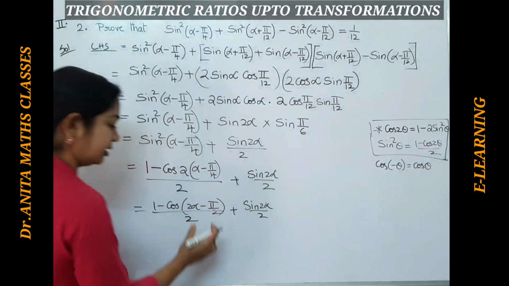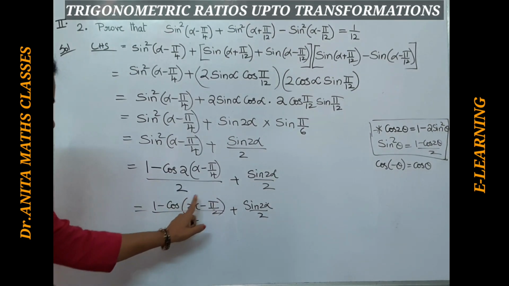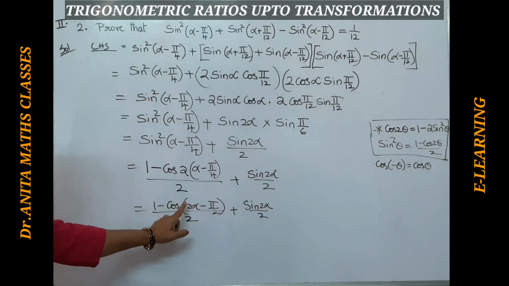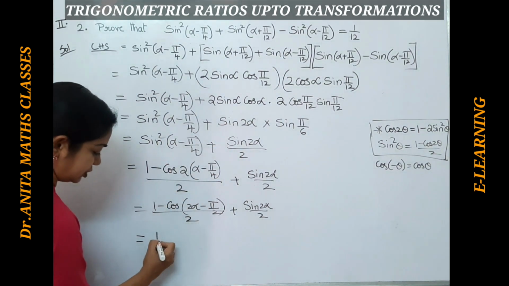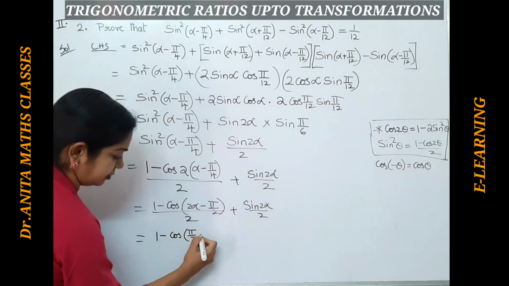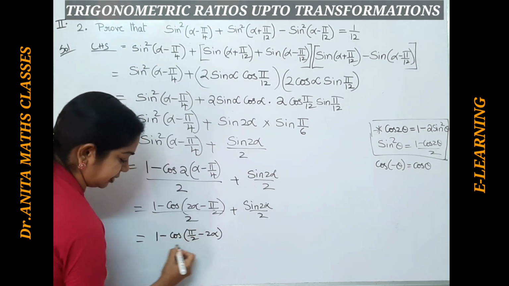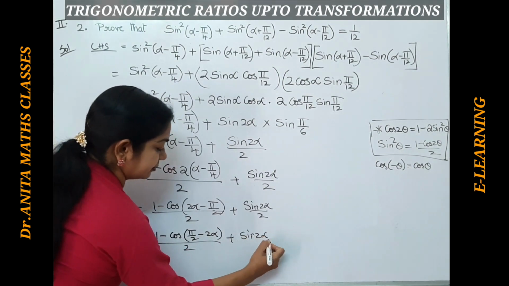Okay. So here if you rearrange it, pi by 2 minus 2 alpha, the minus comes out, but cos of minus theta is just cos theta, so there is no change. So we can write it as 1 minus cos of pi by 2 minus 2 alpha, by 2, plus sine 2 alpha by 2 here.